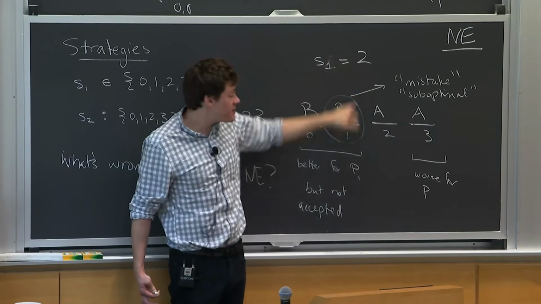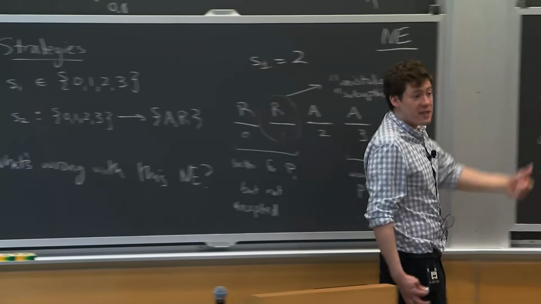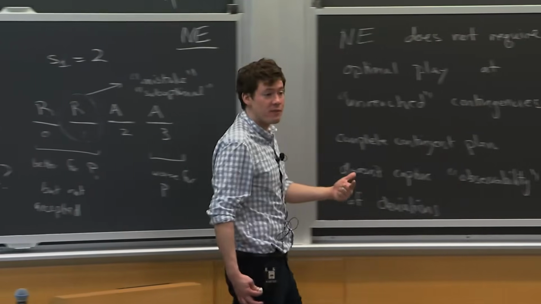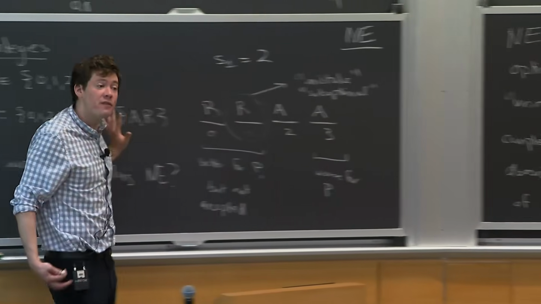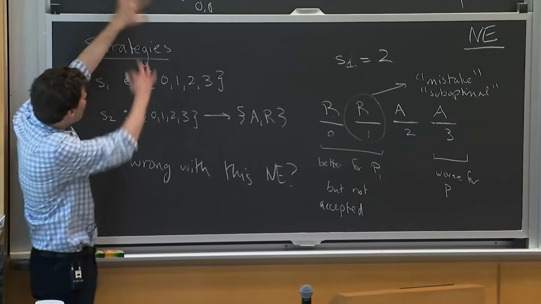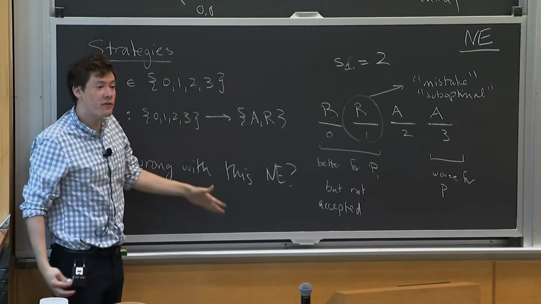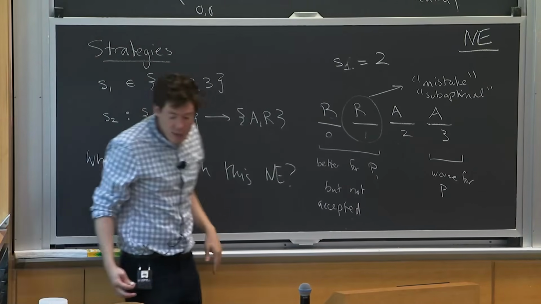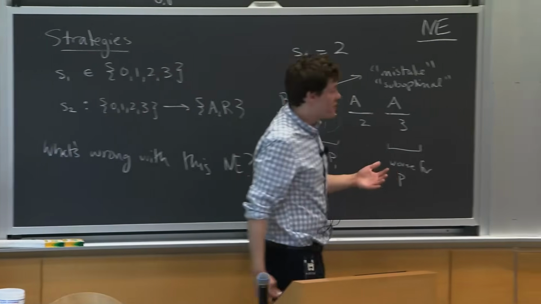And it's ignoring the fact that if we actually reach this contingency, I learn that my opponent has deviated and is not playing according to my belief. So the fact that information arrives over time is totally missed by the strategic form, because the whole tree and the extensive form game are missing from the strategic form representation. And that's what we're going to try to study more formally and more rigorously today.